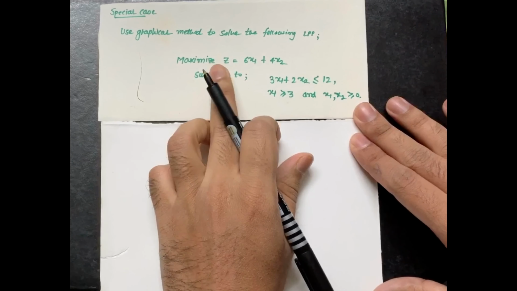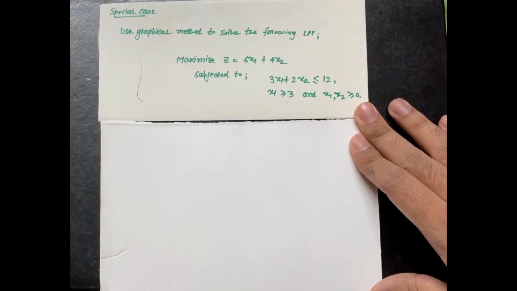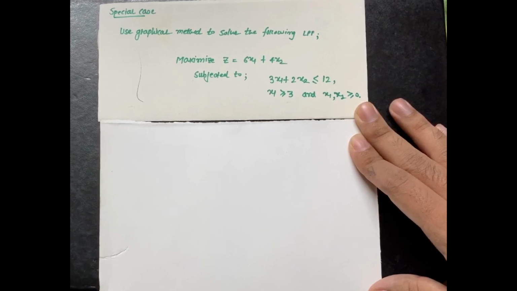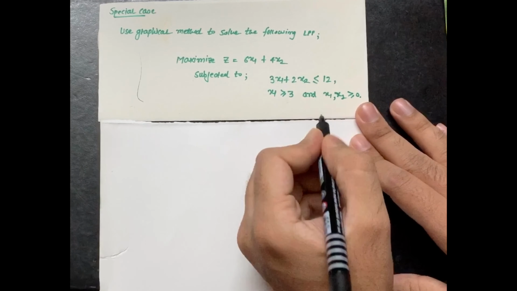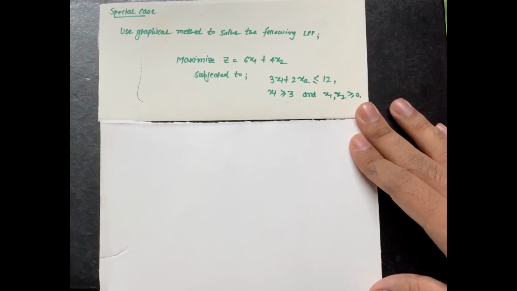The objective function is of maximization type, max z equals 6x1 plus 4x2, subject to the constraints 3x1 plus 2x2 less than or equals to 12, and x1 greater than or equals to 3. Also x1 and x2 should be greater than 0.